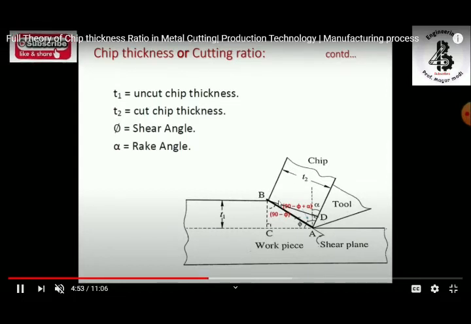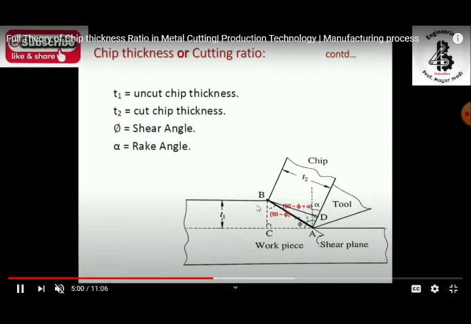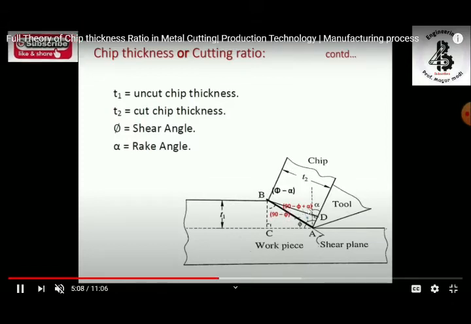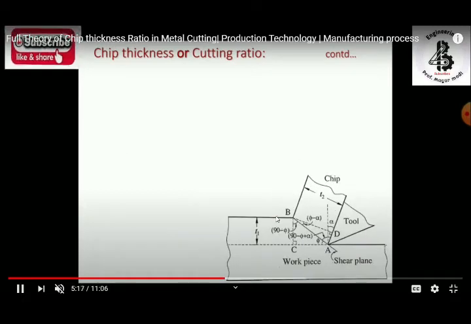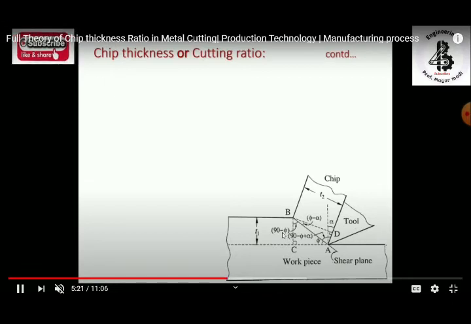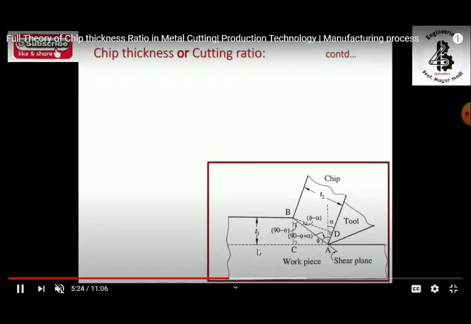In this way, the angle in triangle ABC is 90 minus phi, and in triangle ABD it is 90 minus phi plus alpha. T1 is equal to BC.